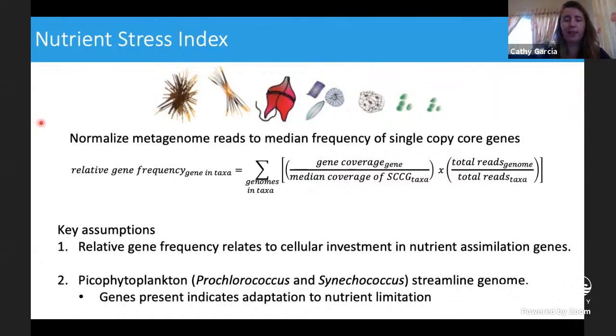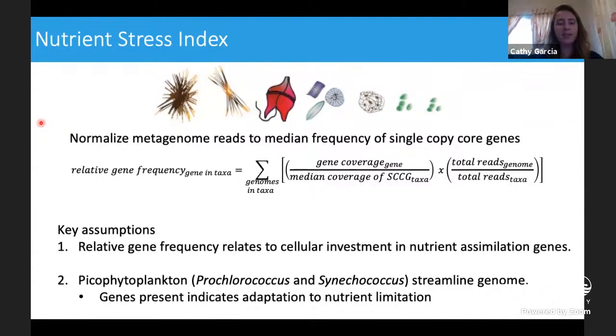We're assuming that the gene coverage of each of these genes, when we normalize it to the median coverage in that sample, represents a relative frequency, and we expect that an increase in the relative gene frequency represents a cellular investment in nutrient assimilation genes.